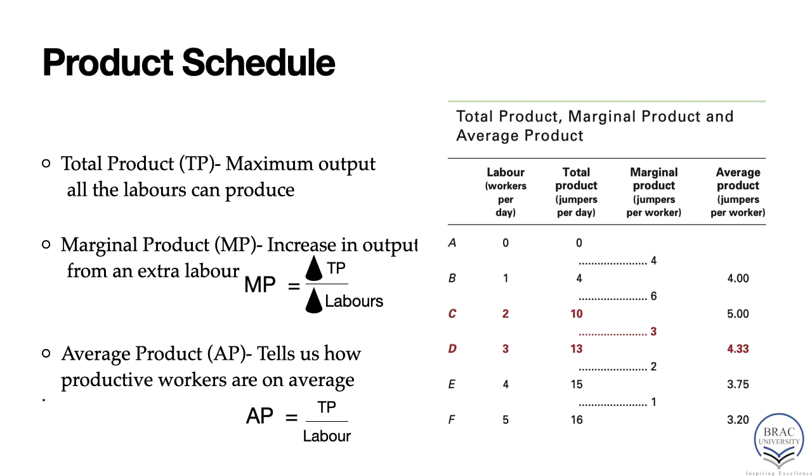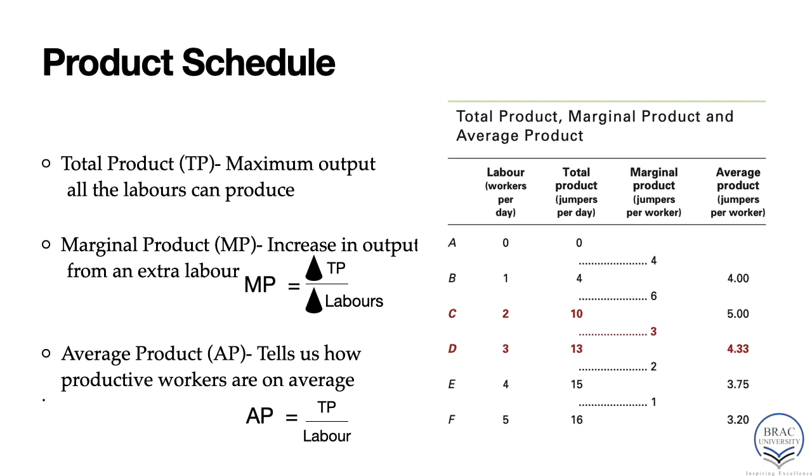So this is a product schedule of a knitting firm that produces jumpers. I have intentionally taken this example straight from your book so that when you read your book, you find relevance. Now, the product schedule shows us total product, which is the maximum output all the laborers can produce.